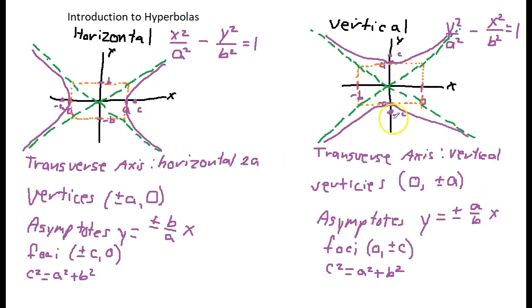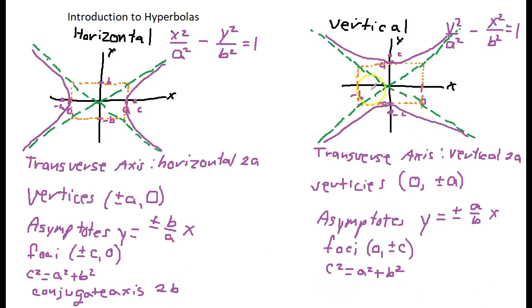For this one, it's still 2a. Okay, the conjugate axis, and here, let me write that on here. It's 2b units. Same thing.